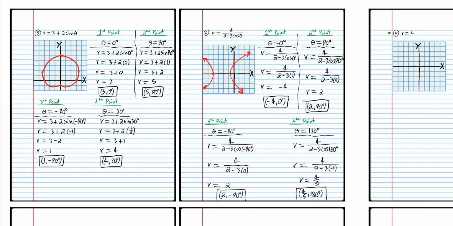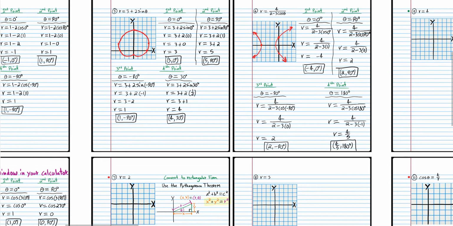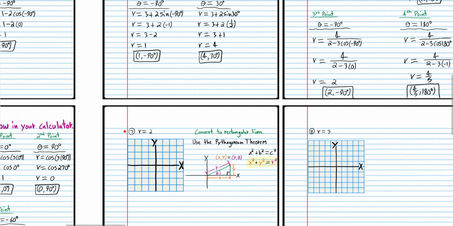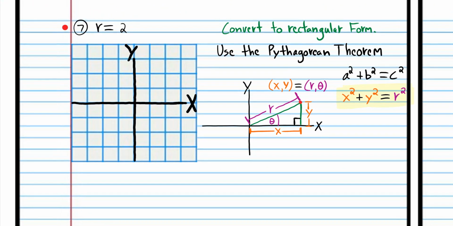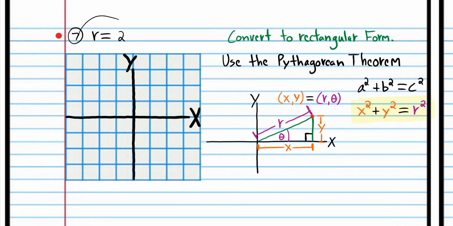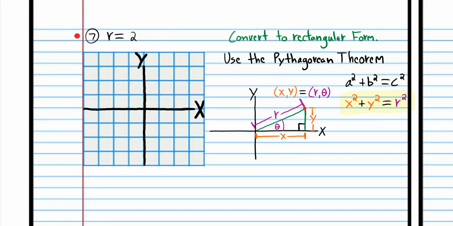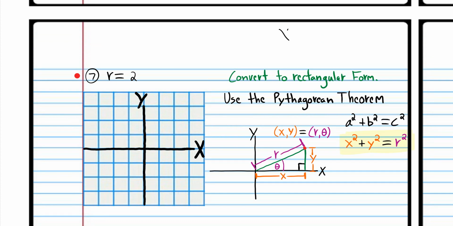So that's the basic idea of how to graph polar equations. Now we're just going to do some special examples. So here's a very simple polar equation. r is equal to 2. So what does that look like? Well, remember we have equations in rectangular form like x equals 2 or y equals negative 1.